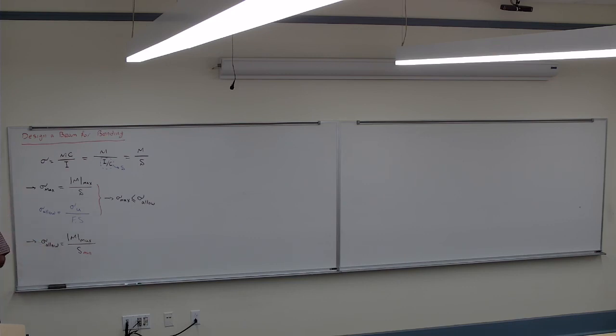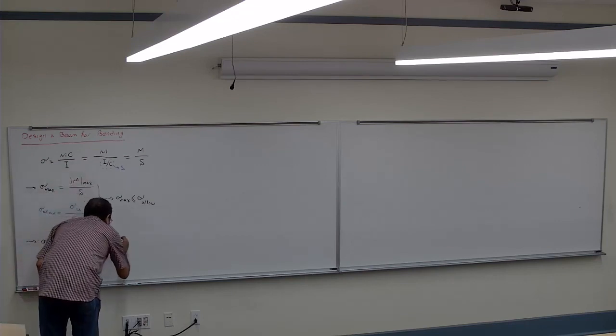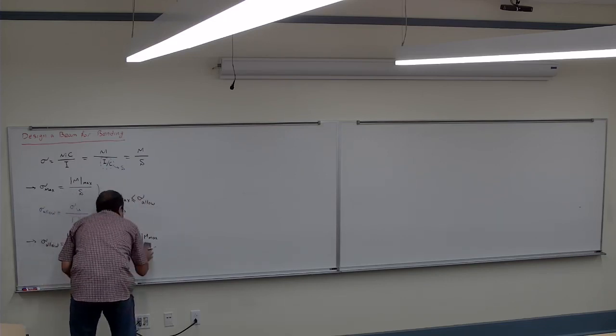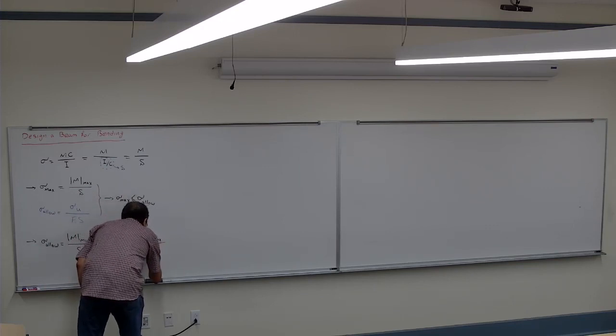What I want to calculate is that the S min is going to be the M max divided by sigma allowable.